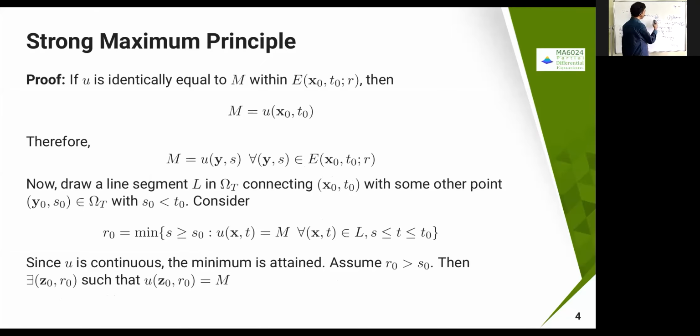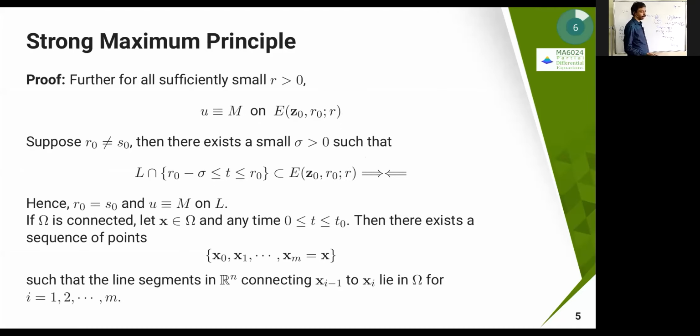It can be inside or outside, because I'm just taking some other point in omega t. But what it is saying is that if I take the intersection with this L, it is always going to be within E of x naught comma t naught comma r. That is a contradiction, because my y naught comma s naught is arbitrary. So that is my contradiction. Therefore your R naught should be equal to S naught.